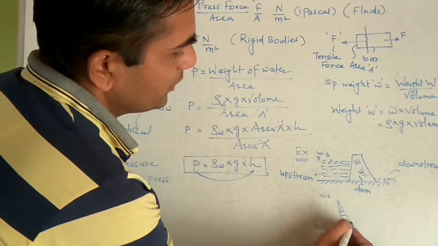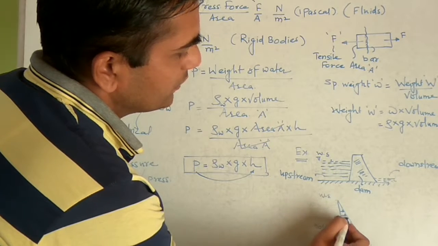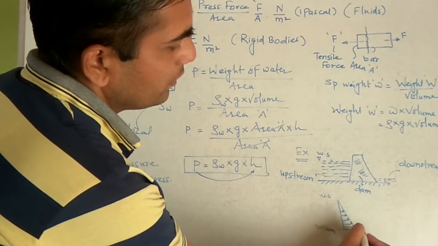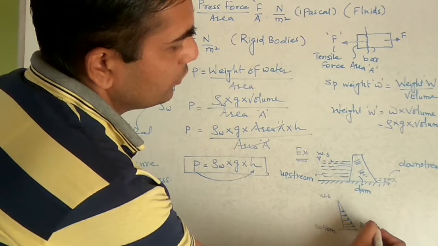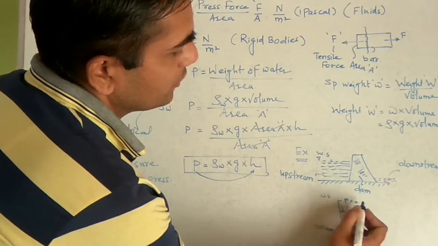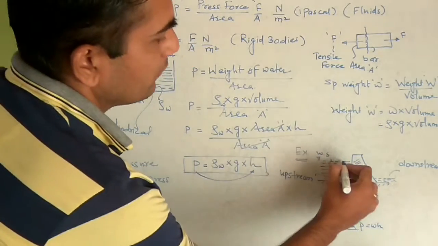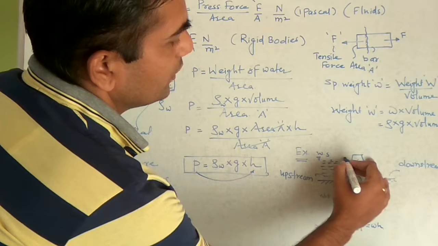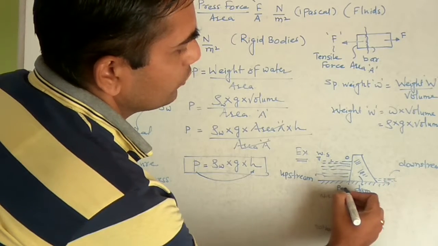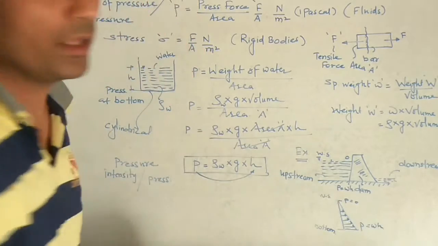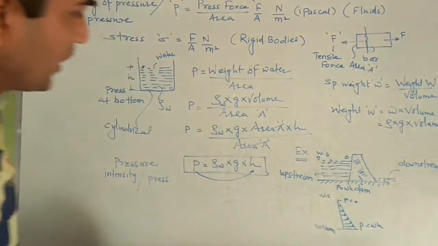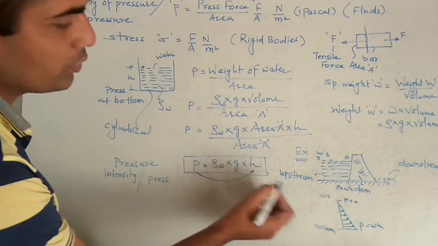So pressure intensity increases as we go down. So here the pressure intensity P is equal to w into h, and here the pressure intensity is 0. So at the surface the pressure intensity is 0, and at the bottom P is equal to w multiplied by h. So it varies linearly because P is directly proportional to h.